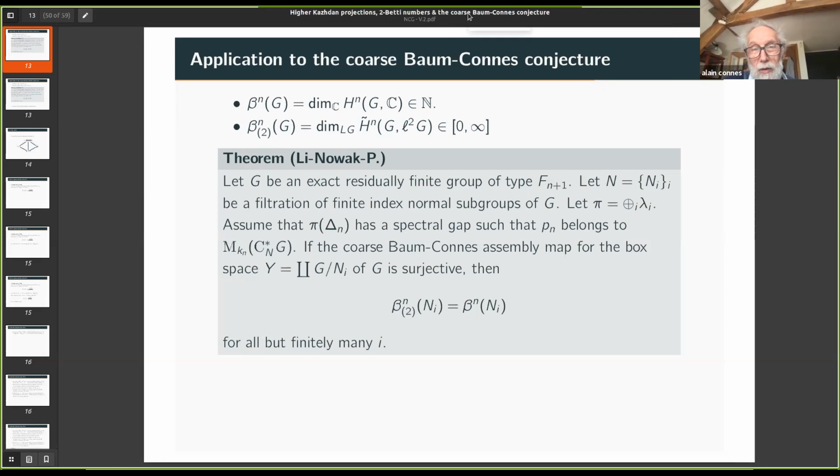What one would like to have is where is the boundary between things which satisfy the conjecture and things which do not. In the case of the coarse conjecture, the group has somehow disappeared; it's more the coarse space which is in question. So it's quite a different flavor from the group case.